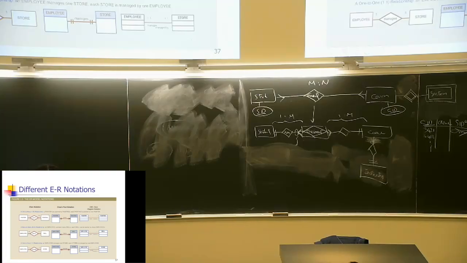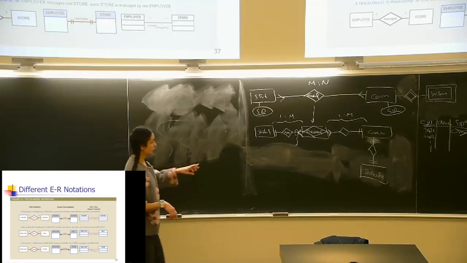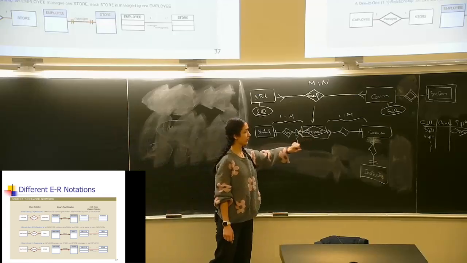These are just different ER notations using different formats. The format that we use in this class is this notation. So you show entities with a rectangle, you show relationships with these diamonds. If it is a weak entity, you show it with a double line rectangle. If it is an associative entity, you show it like this, right?